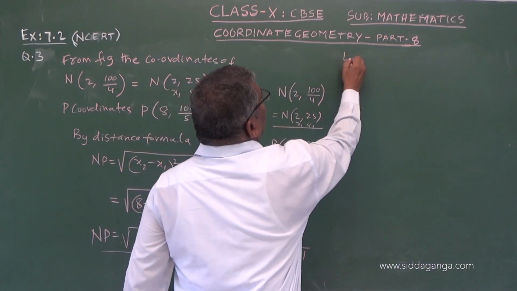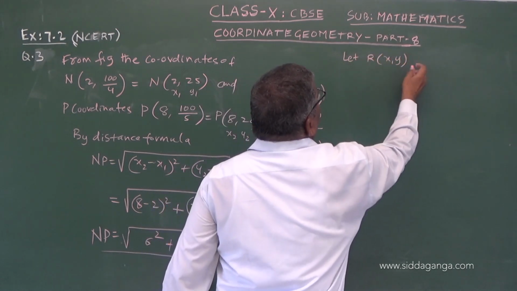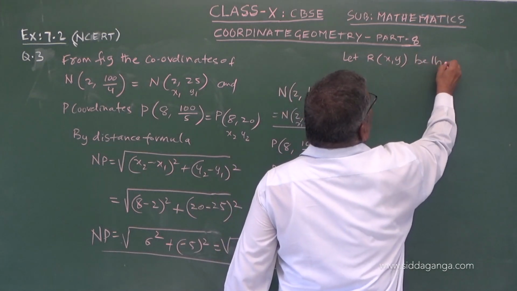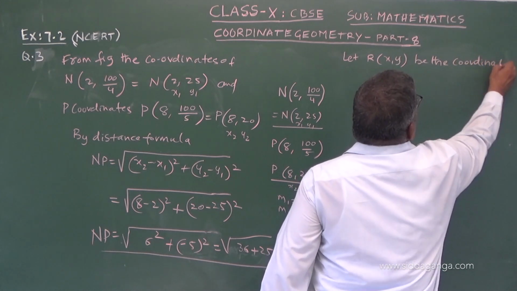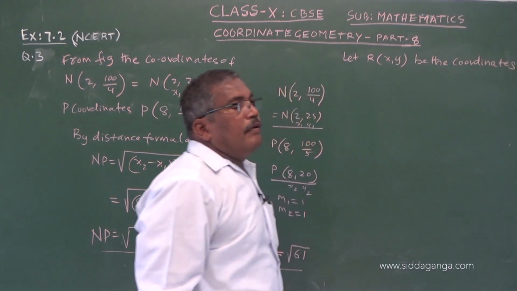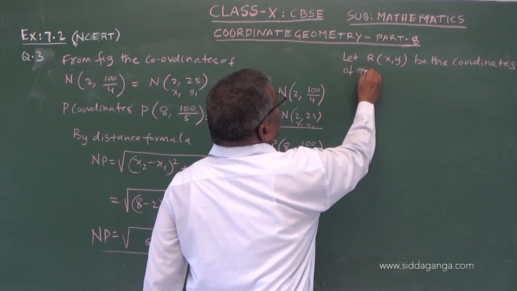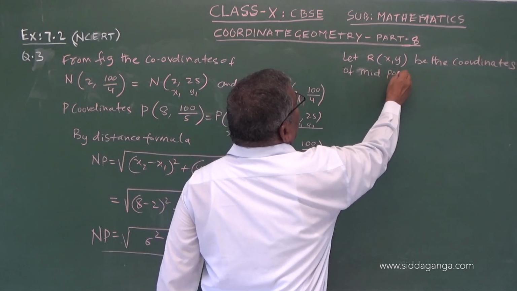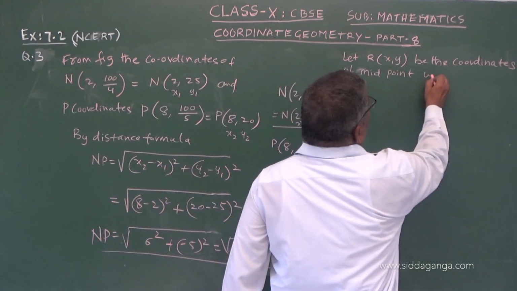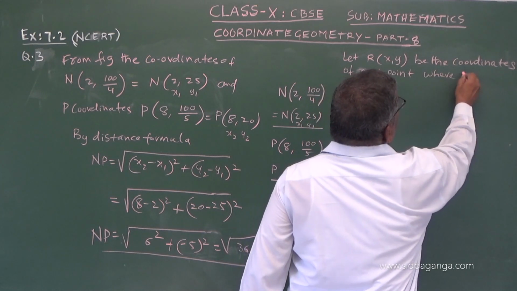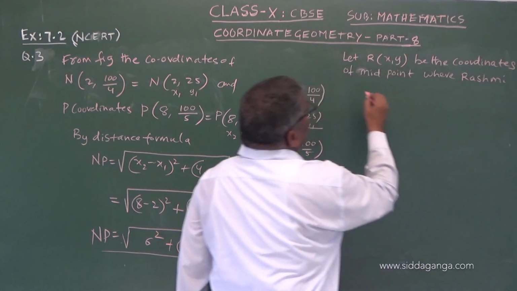So let R(x, y) be the coordinates of the midpoint where Rashmi has to place the flag.